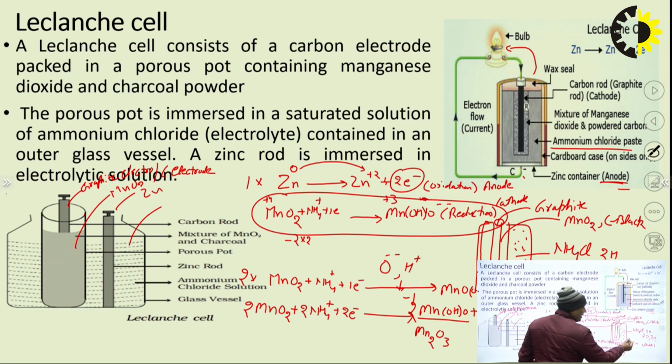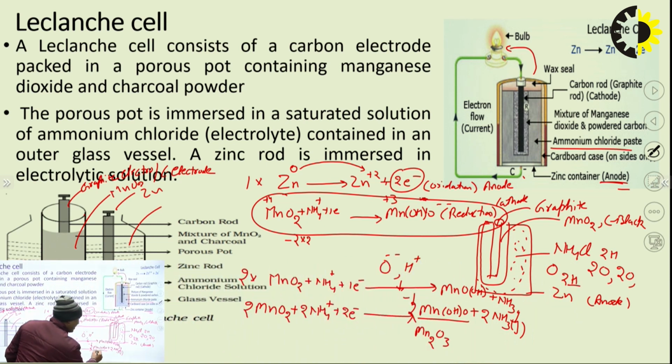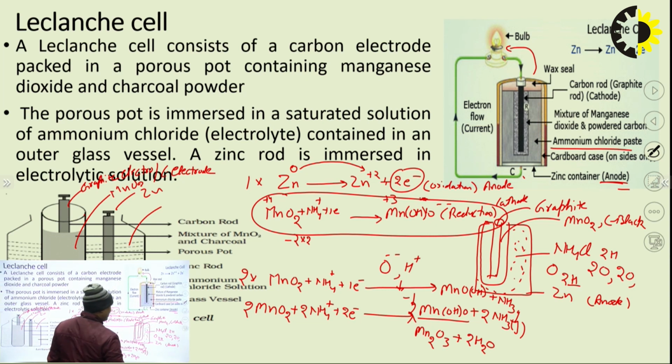Now I have only 1 oxygen atom remaining and 2 hydrogen atoms left again. So here I can write this species as Mn2O3 plus H2O.